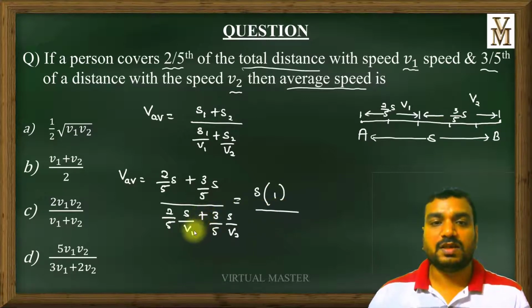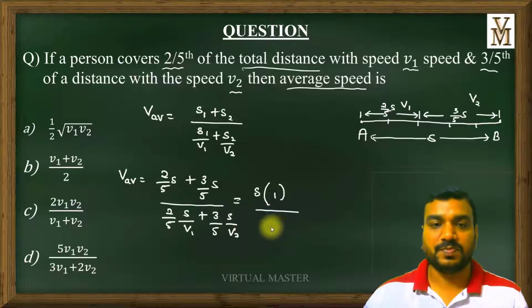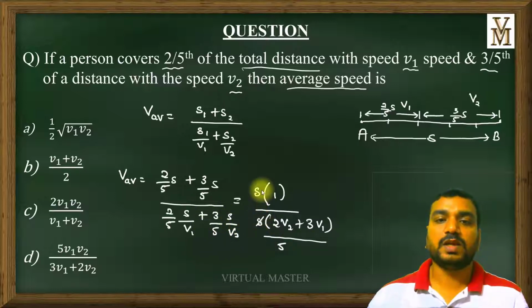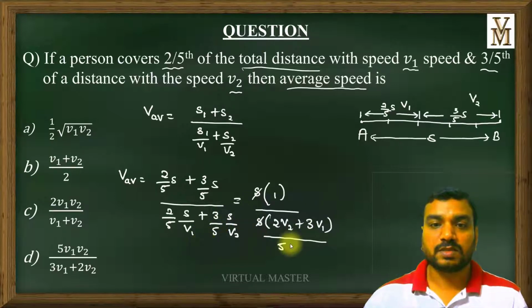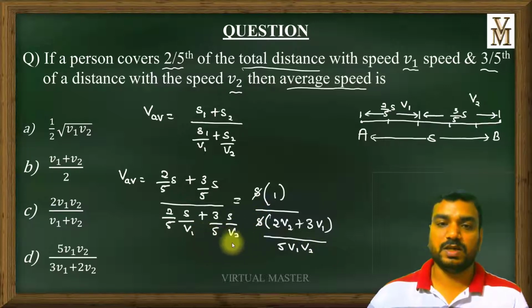Similarly in the denominator, if you take the LCM, 5 V1 V2 will be the LCM, and after simplifying you are going to get S into (2V2 plus 3V1) divided by 5V1V2. In the numerator and denominator, S gets cancelled. What is left is 5V1V2, which is the LCM of the denominator.